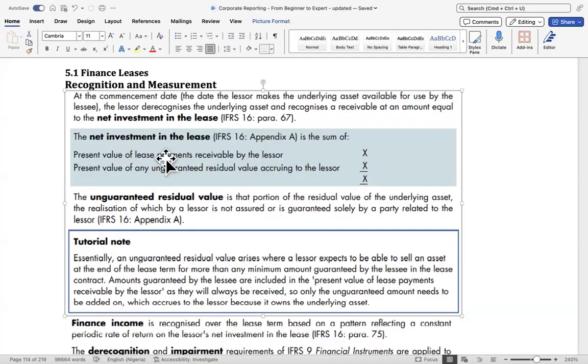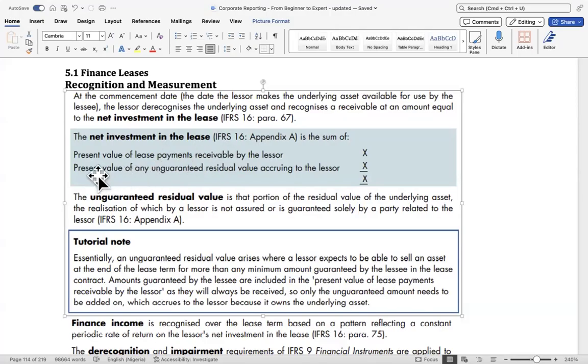And don't forget, all the money he is expecting will include, as I told you, the fixed payments. If there is any variable payment, if there will be an increase, they will have factored it in. If there is any residual value guaranteed, remember, I told you that would also have been factored in. If there's any purchase option, all of those payments will have been factored into this present value of the lease payments receivable by the lessor.